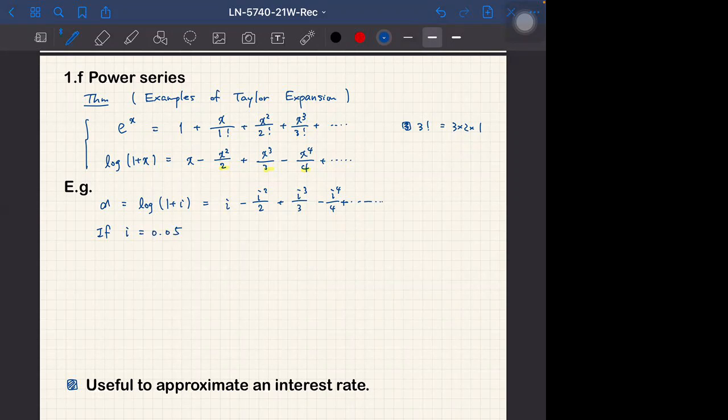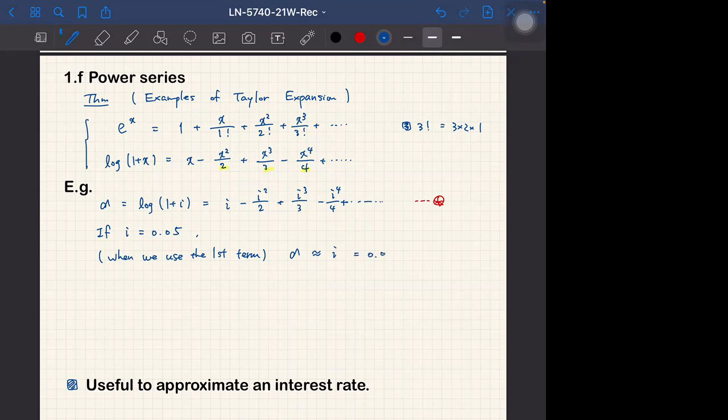If i is equal to 0.05, when we use the first term of this, delta is approximately i. That is kind of obvious and a rough approximation. So delta is equal to 0.05.